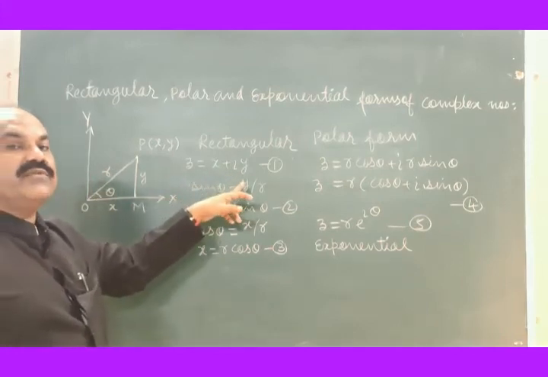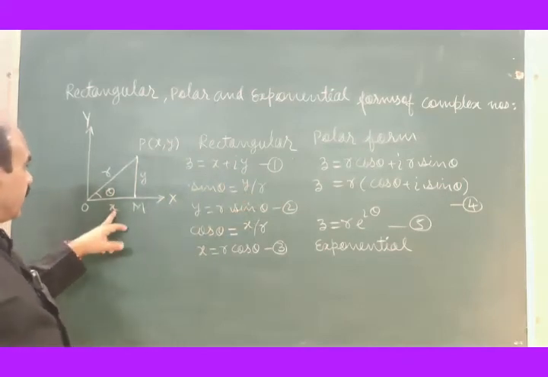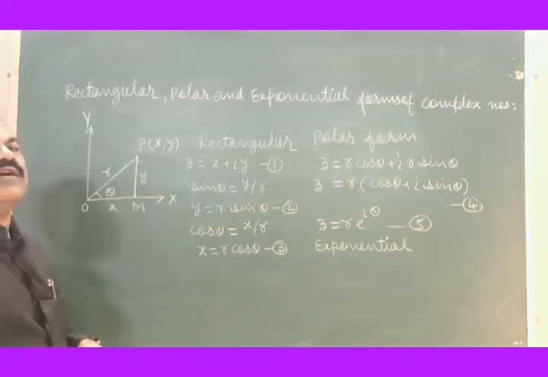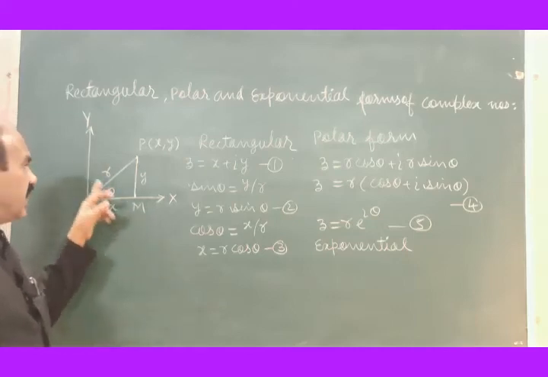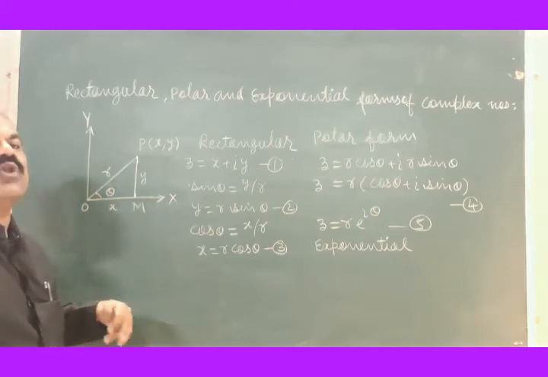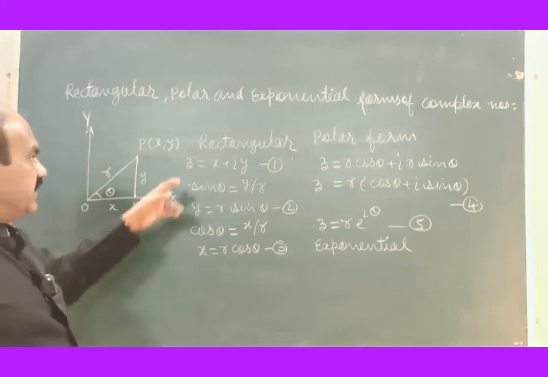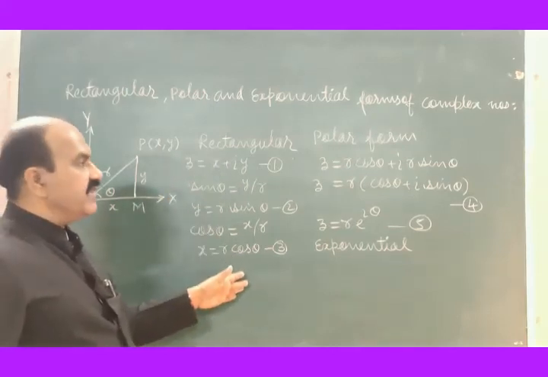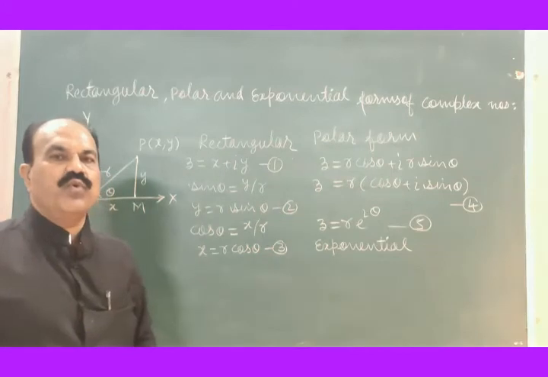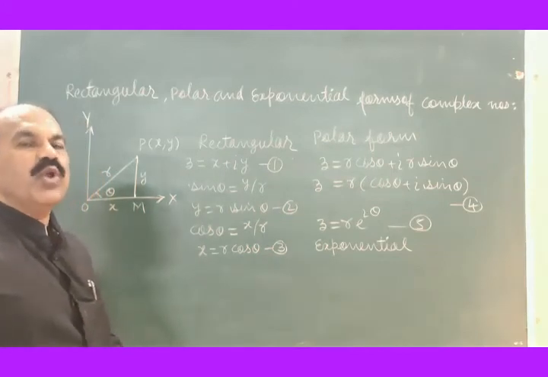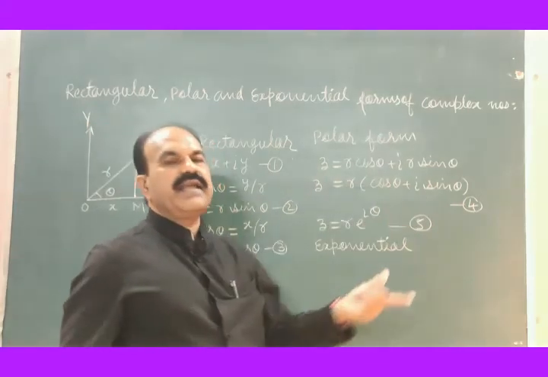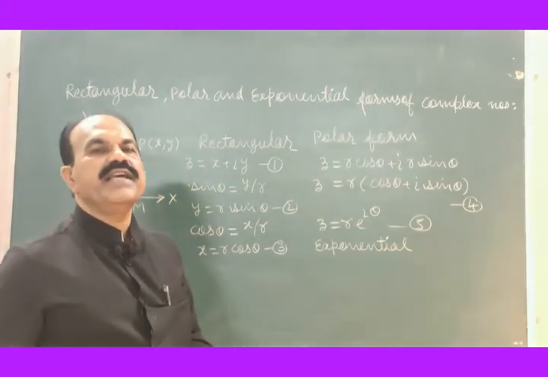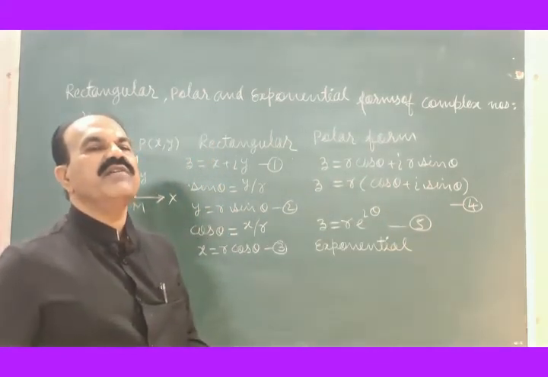First form is written using the rectangular coordinates x and y of the Cartesian coordinate system. From the same figure, r and theta are taken as the polar coordinates, and x plus iy is converted to equation 4, which is the polar form of complex number.